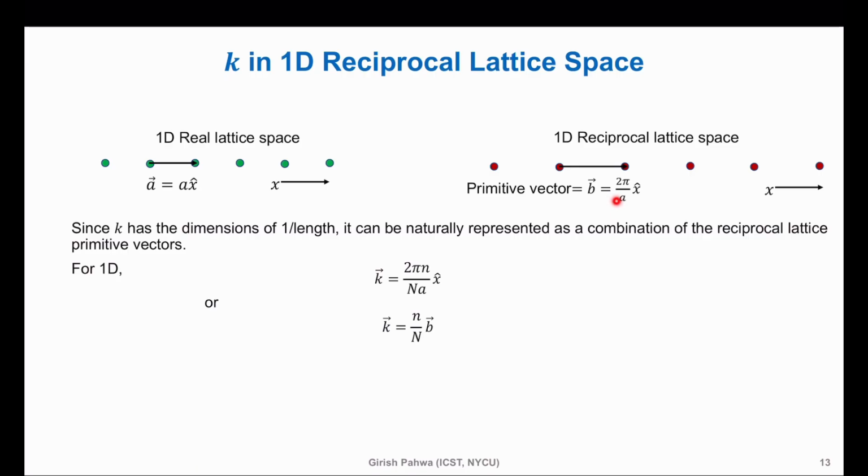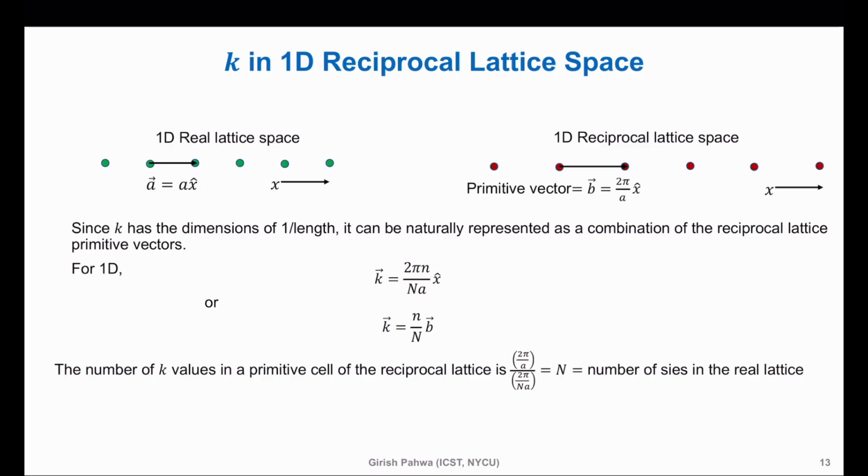How many k's? The total length divided by the distance between two adjacent k points will give me the number of k points. Correct? So what will that be? 2 pi by a divided by 2 pi by Na.